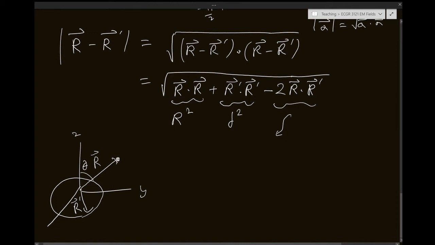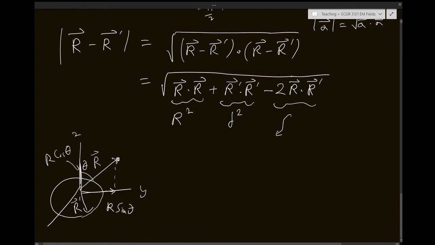What happens when you dot two vectors together? It's a projection of one vector on the other. So I can decompose r into a component in the y direction with magnitude r sine theta, and this is r cosine theta.